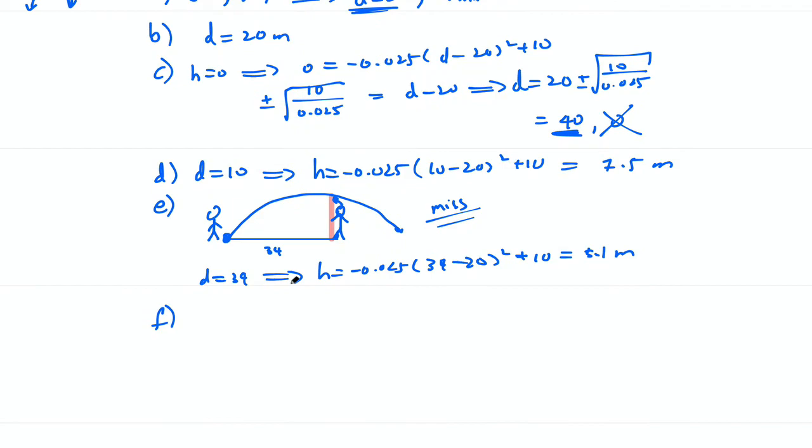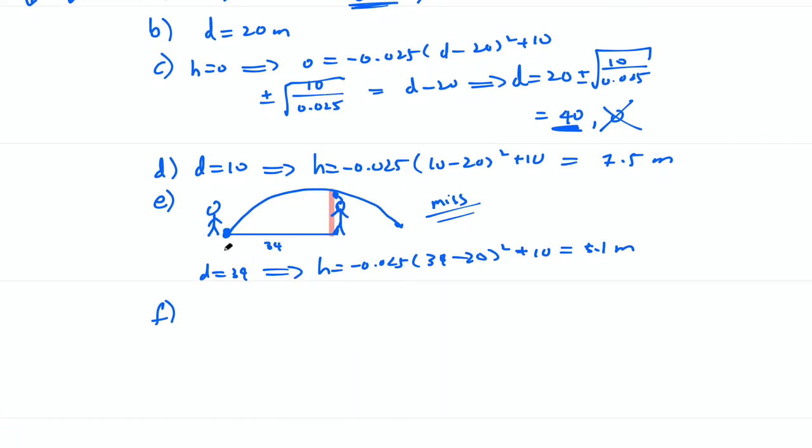And now for F, if the origin were placed at the vertex of the parabola, what would be the equation of the curve? We know that the vertex right now is at (20, 10), so that's going to be maybe around here. But what we're doing is taking this origin and shifting it over here.